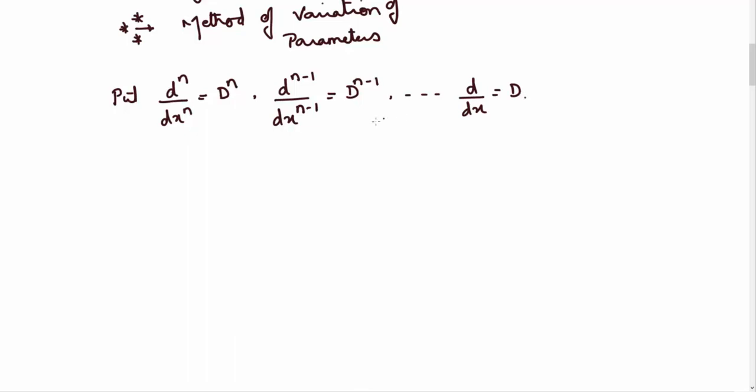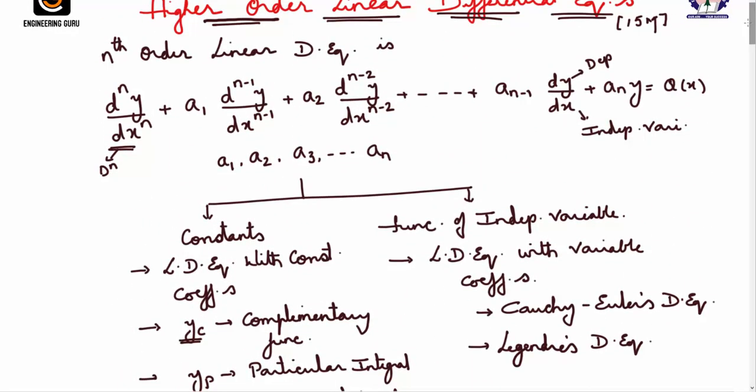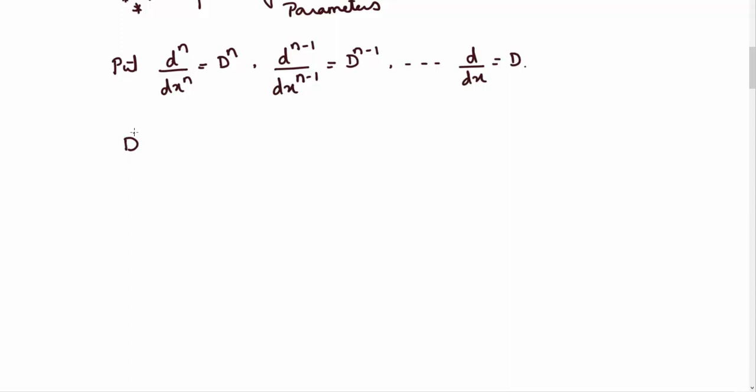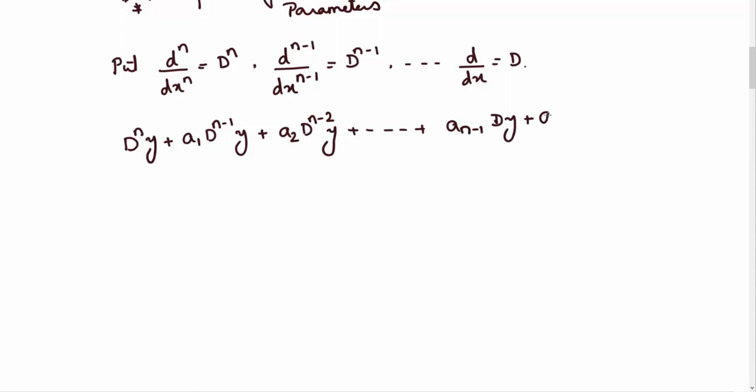Now if we substitute all these values in the nth order linear differential equation, then that equation will be of the form D to the power n y plus a1 into D to the power n minus 1 y plus a2 into D to the power n minus 2 y plus so on plus an minus 1 into Dy plus an into y is equal to q of x.